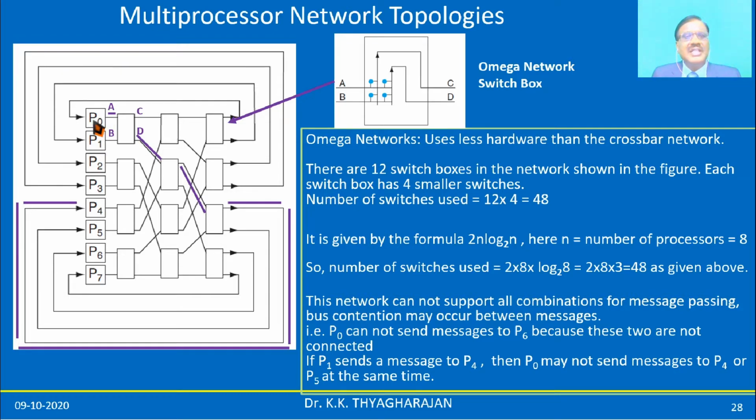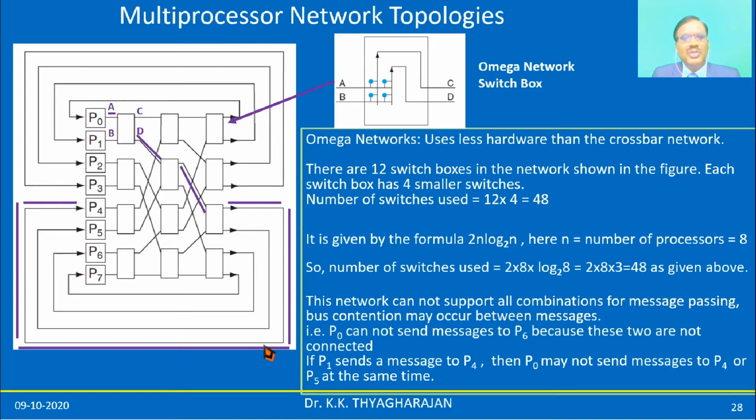If a message is sent by P0 and it is passed through this D output, it is coming here. Again, if this is passed here, it will come here. This switch box is also having two outputs. It may come either to this output or to this output.